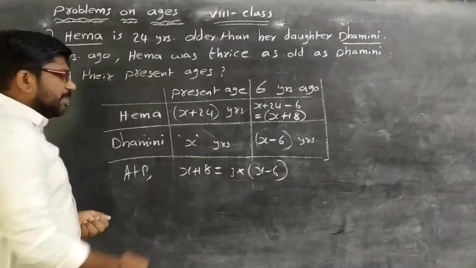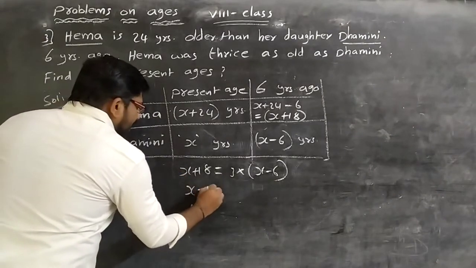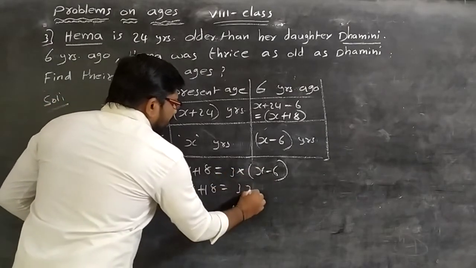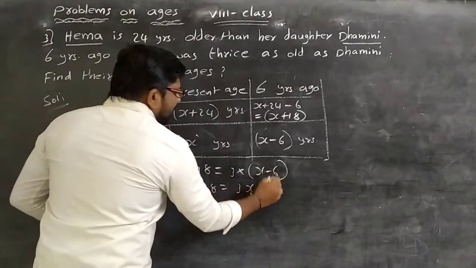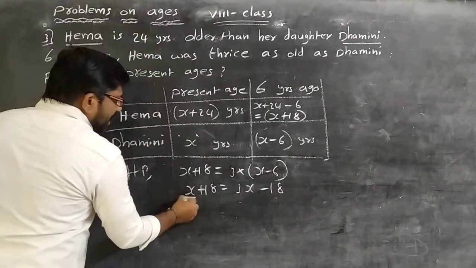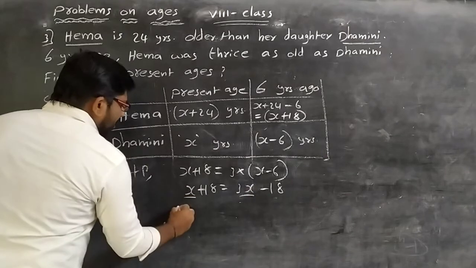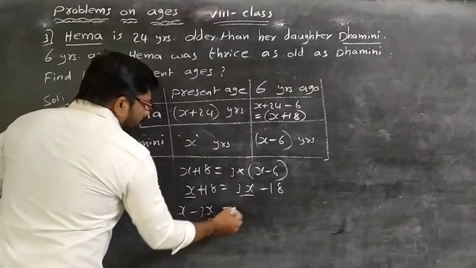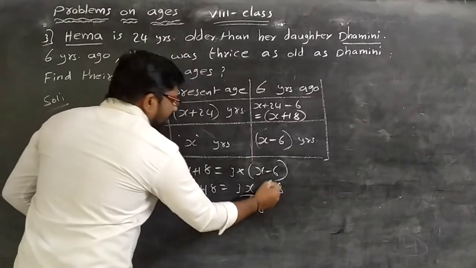Right? Yes, simplify this. x plus 18 is equal to 3 into x, 3x minus 3 sixes are 18. So now separate variables. Here x is there, here 3x is there. Take this side, x minus 3x will become minus 2x is equal to minus 18, right, on the right side.